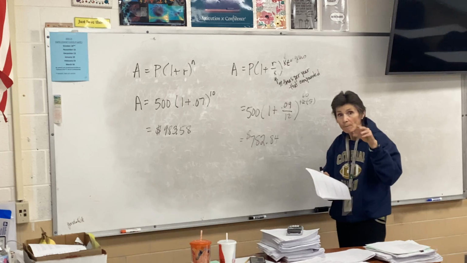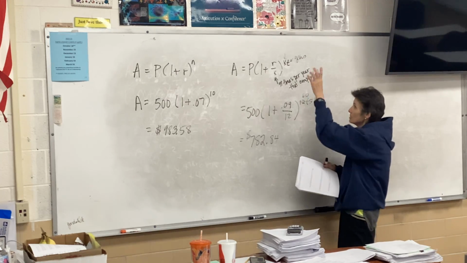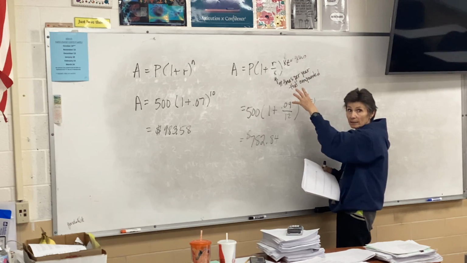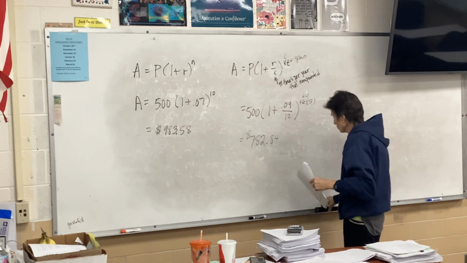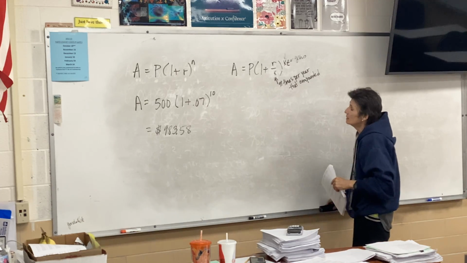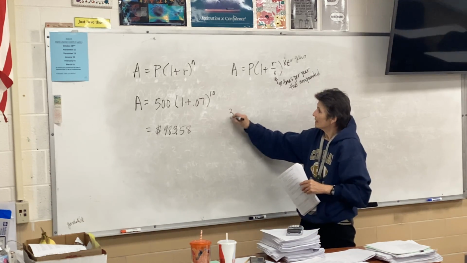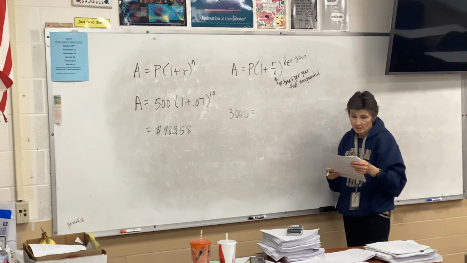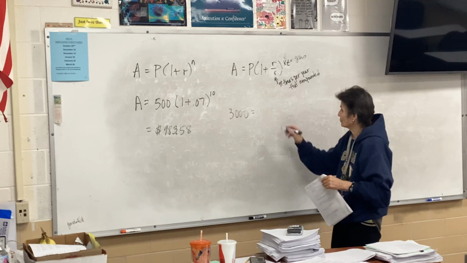Now, we are compounding monthly, so we're using this same formula. This is the formula for compounded monthly. But now things are a little different, because now we know we want to end up with $3,000. And we're going to start with 500.